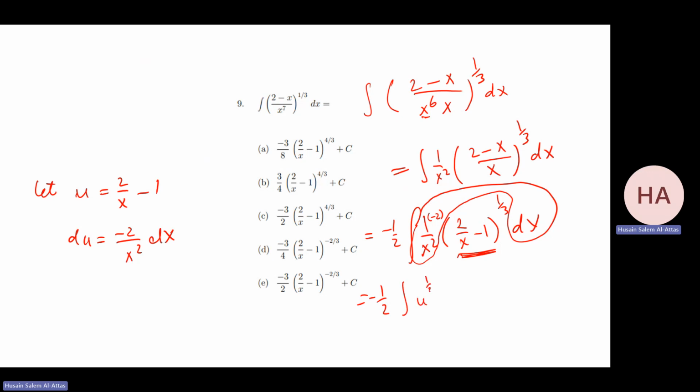Integral u to the power 1 over 3 du. Add 1. So it will be minus half times 3 over 4 u to the power 4 over 3 plus c. That gives me minus 3 over 8 u, which is 2 over x minus 1 to the power 4 over 3 plus c. As I said, usually when you look at the answers, it will give you a hint. So I need 2 over x minus 1. Because of that, I did this.